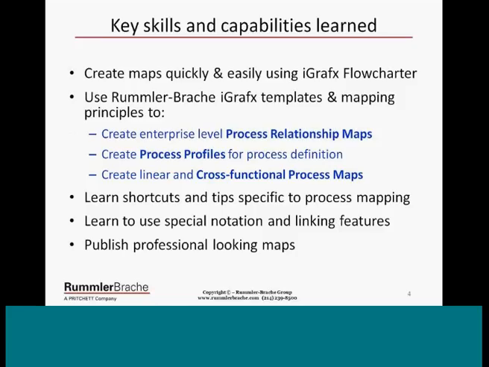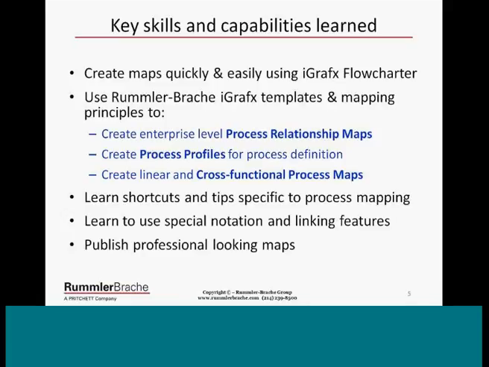The things you'll learn in this workshop: create maps quickly and easily. So we want to get you some practice right away in the simplest practices and tips for getting your process maps constructed quickly. We're going to give you some templates that match the key Rummler-Brache process maps, certainly the process relationship map, which is a way of modeling the entire inventory of processes at the enterprise level.